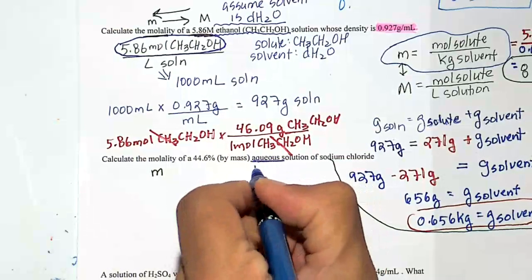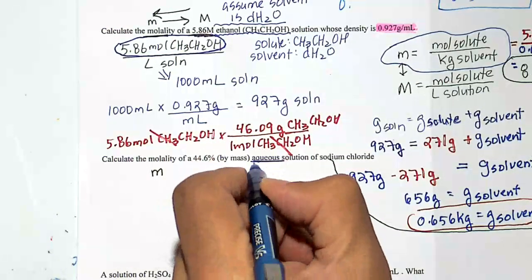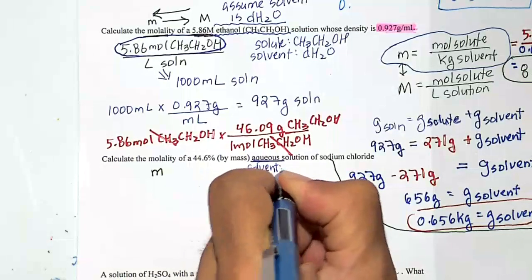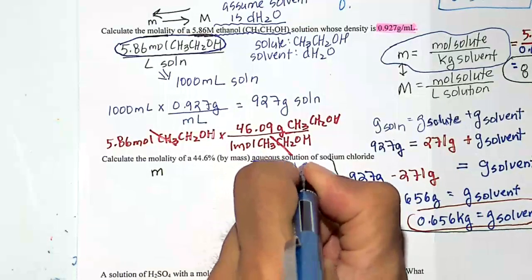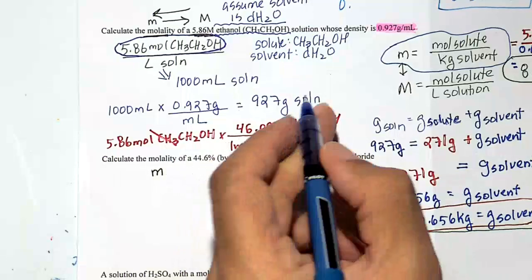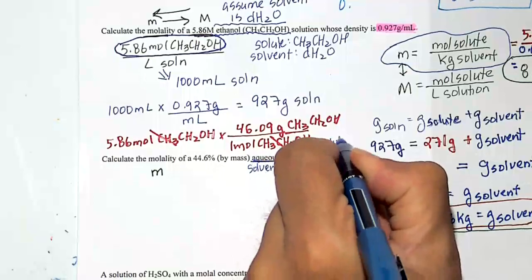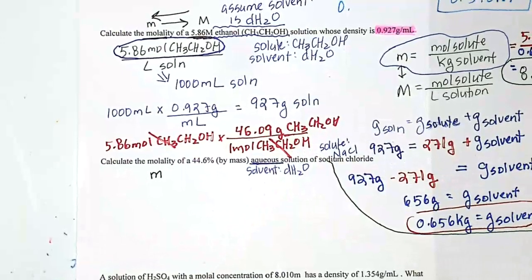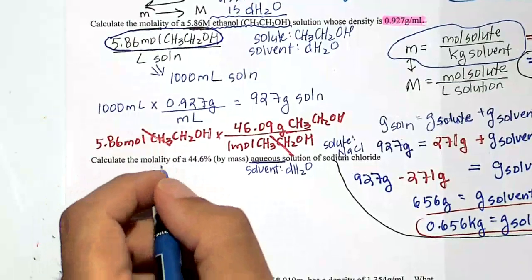What is the solvent? Aqueous, which means what? Water. Aqueous, aqua, water, right? And what is our solute then? Our solute is going to be NaCl, sodium chloride.